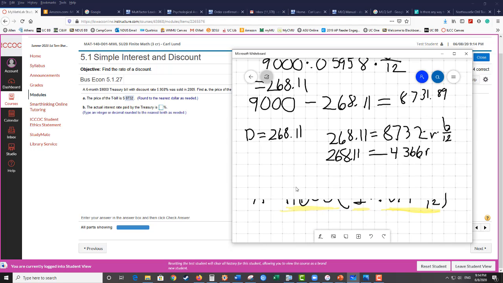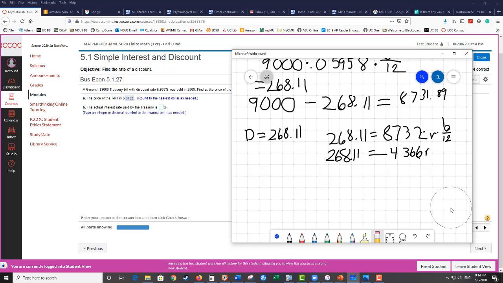So now remember from algebra, to get R by itself, we divide both sides of the equation by the coefficient of R. So I'm going to divide both sides by 4,366. So I have 268.11 divided by 4,366.